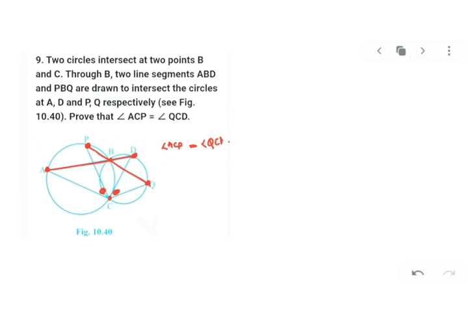Let's start. Now my dear kids, for this you have to take constructions: you have to join AP and you have to join DQ. If you join this, then we will notice that there's a chord AP. And we know that the angles in the same segment are equal. So they are made by the same arc AP.